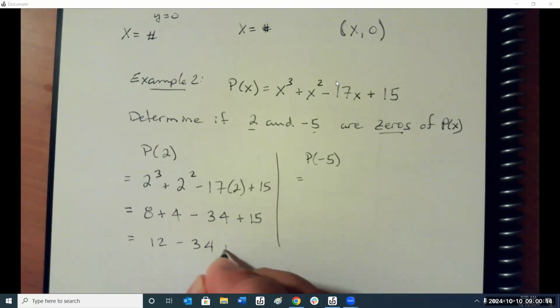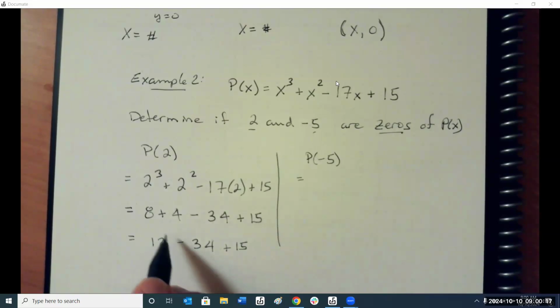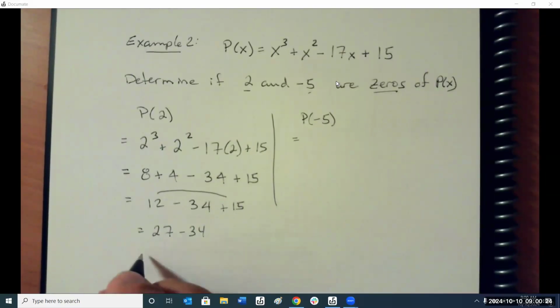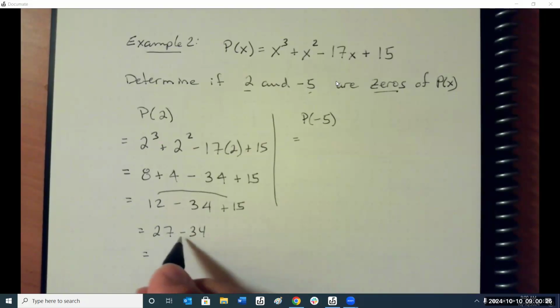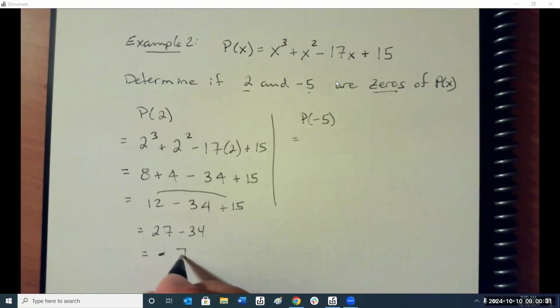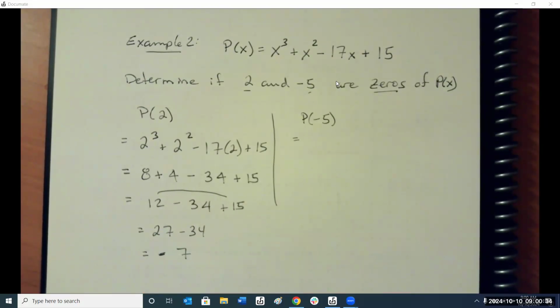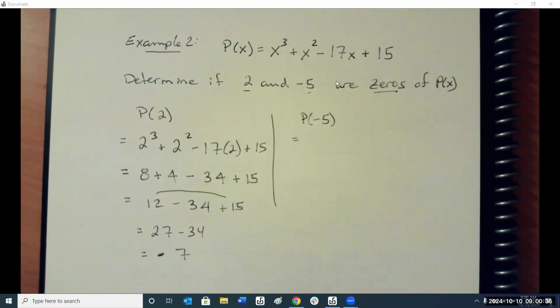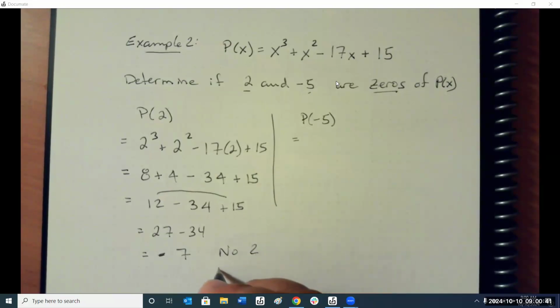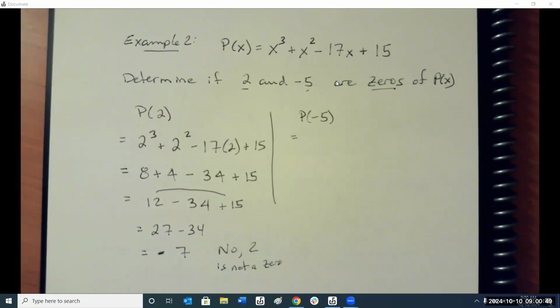Minus 34 plus 15. 12 plus 15 is 27. 34 is bigger, so it's negative. 34 minus 27 is -7. So no, 2 is not a 0 of p of x.